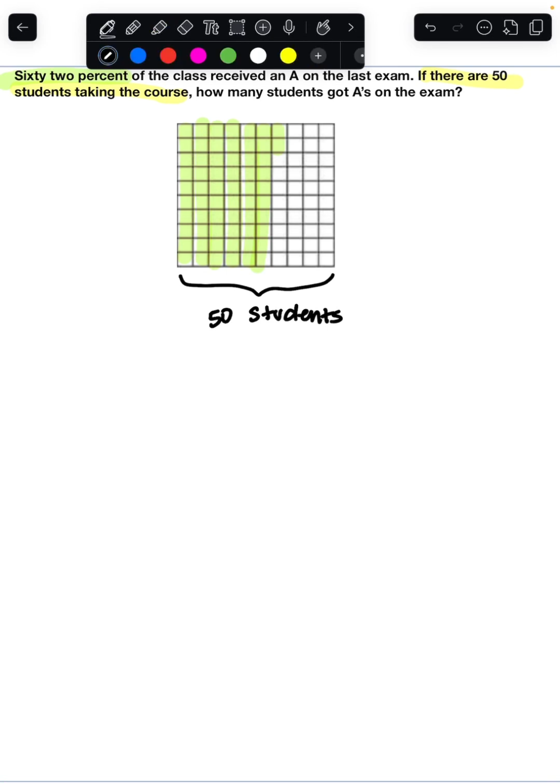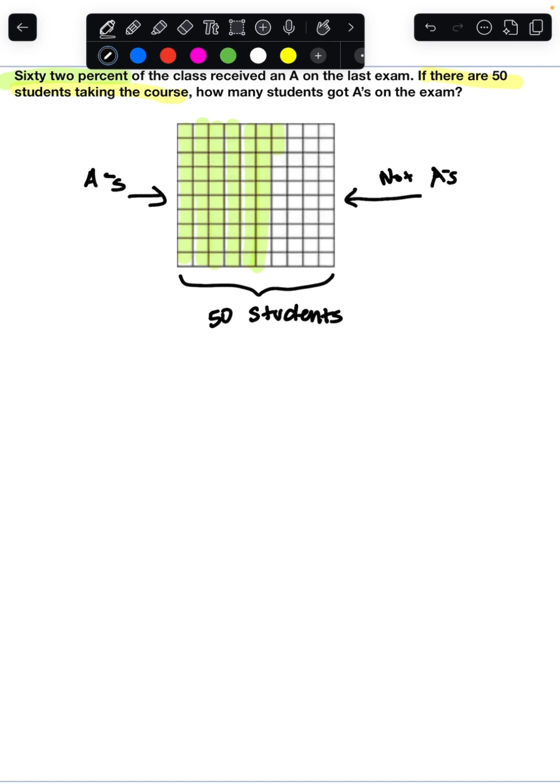And our 62% represents the A's in the class. So we're going to label it A's. And so if the 62% is the A's, then the part that is not filled in would be the not A's, like B's and C's. Hopefully nothing lower than that, but if it happens, it happens.